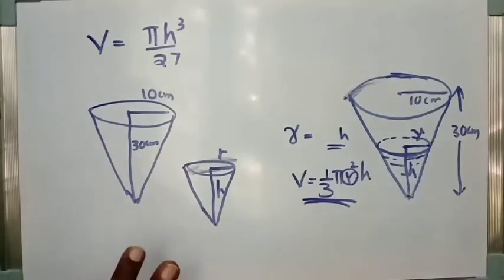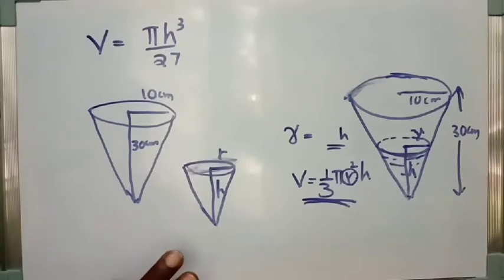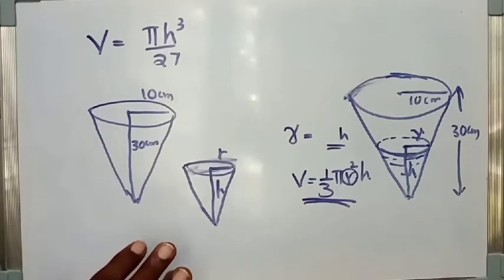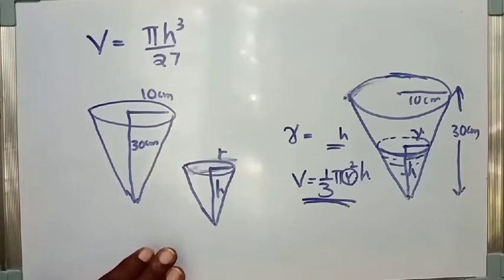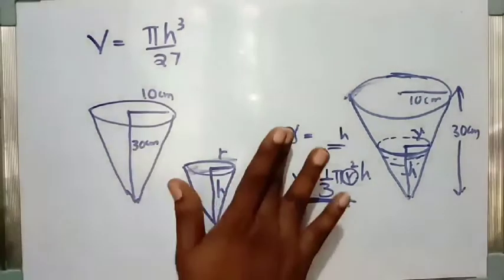As per similarity, if two shapes are similar, their corresponding sides are in proportion. So let's make the proportionality of sides.